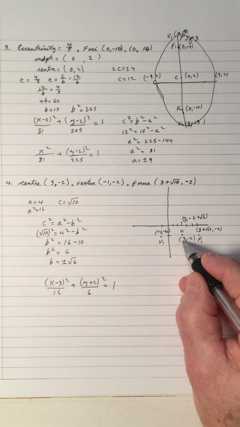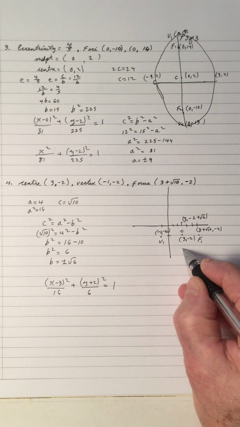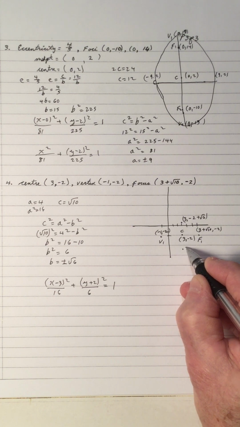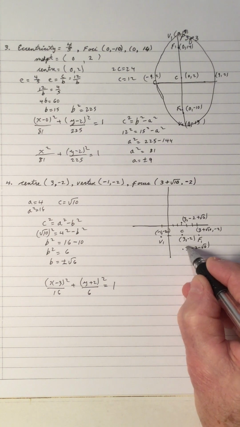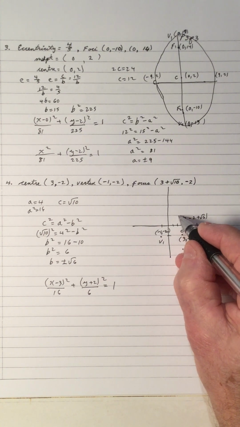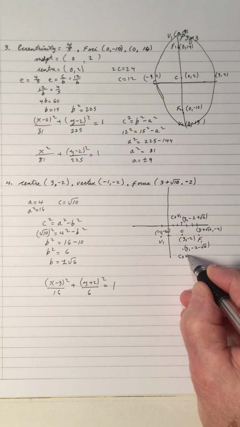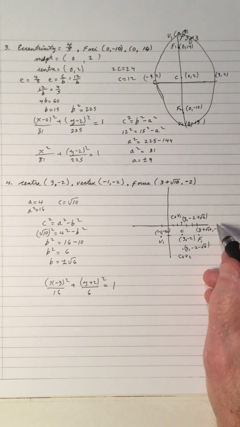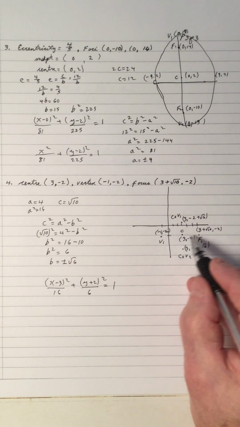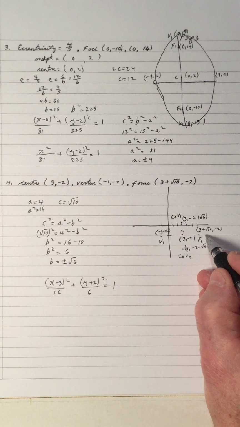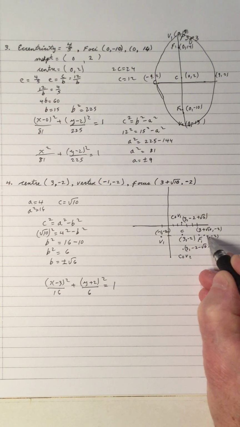So down here would be 3, same distance, and it would be -2 minus root 6. So these are the co-vertices, COV1 and COV2. And this is 4 here, and this is 4 here. So 3 add on 4 is 7, -2.